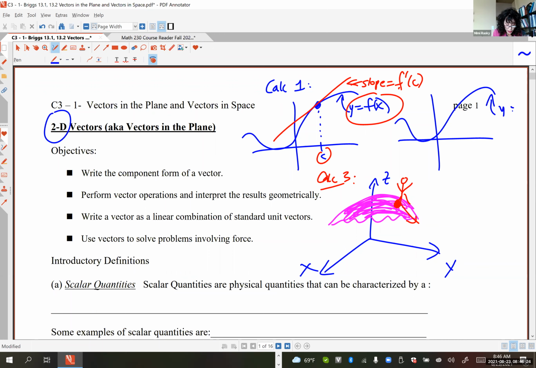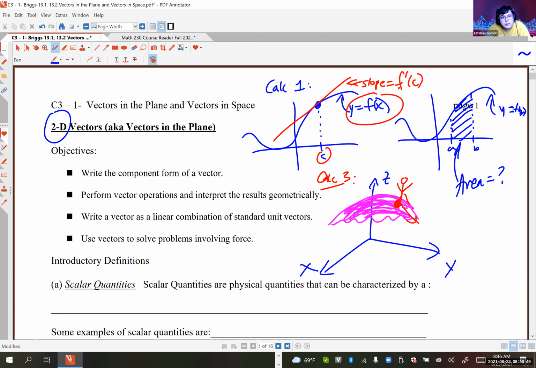The second thing that you learned in Calculus 1, just as a reminder, is, again, you'd have some graph of y equals f of x. And then do you guys remember that back in that day, when you took your Calc 1 class, they would ask you to find the area under the curve? Does anybody remember how you would find the area under that curve?